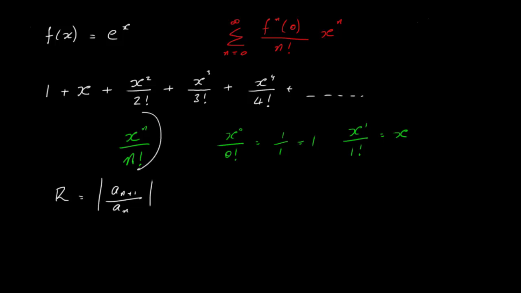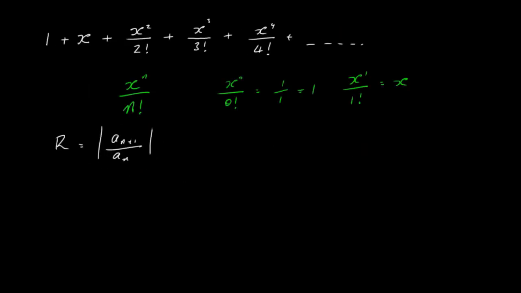So our general term is this one here. So what we're going to do is look at x to the power of n plus 1 divided by n plus 1 factorial, and then we've got to divide that by the previous general term, if you like. So that's just x to the power of n over n factorial.